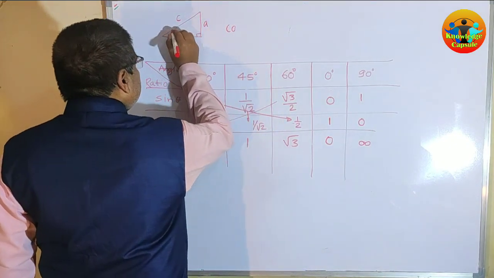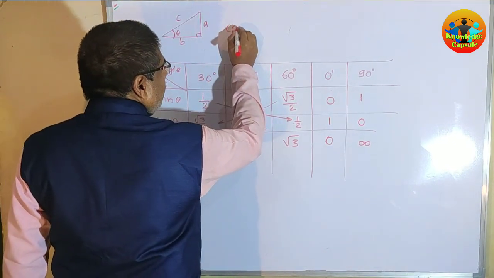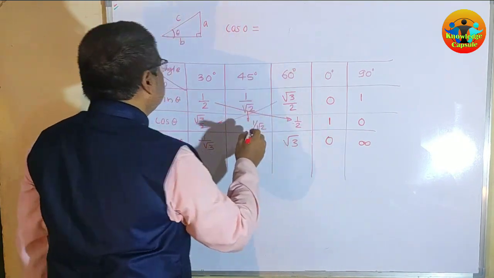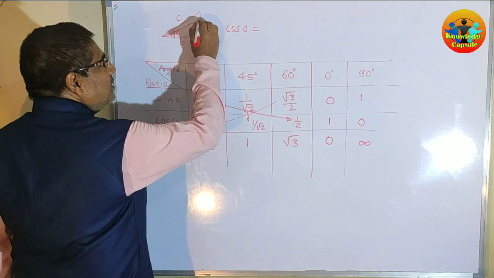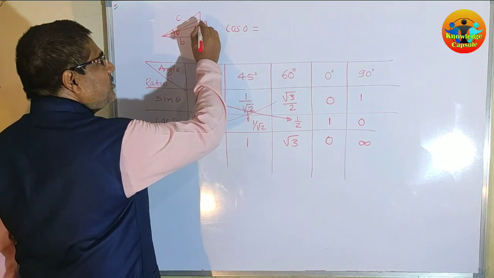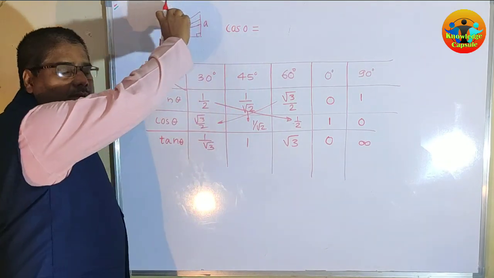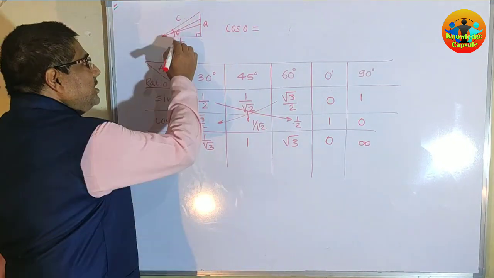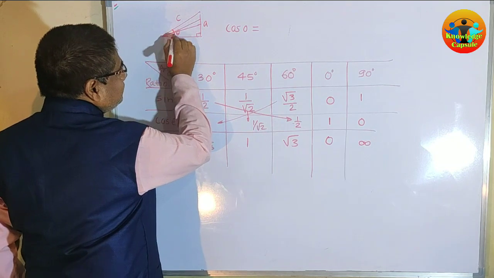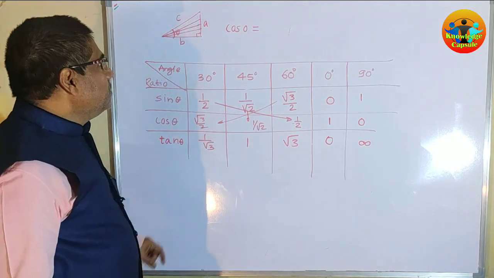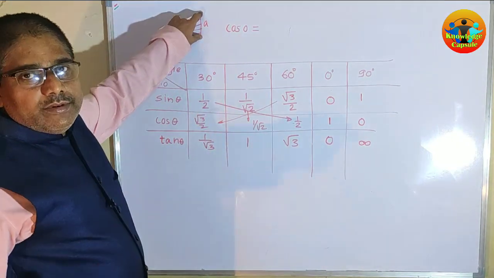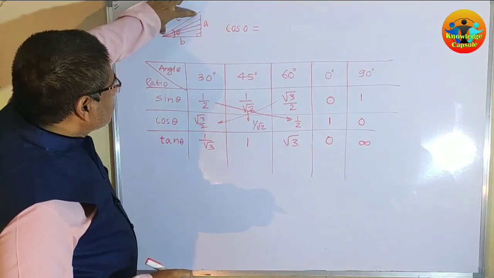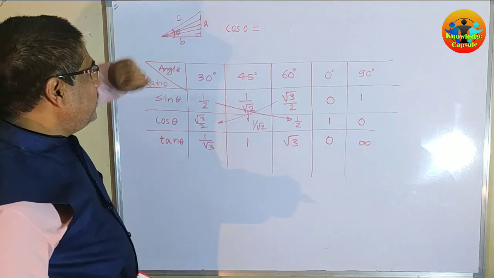In this triangle, cos of 0 equal to how much? If you go on reducing this angle, what will happen to this height? It will go on decreasing, and when this angle becomes 0, the opposite side will cease into a point, and this hypotenuse side will coincide with this adjacent side.